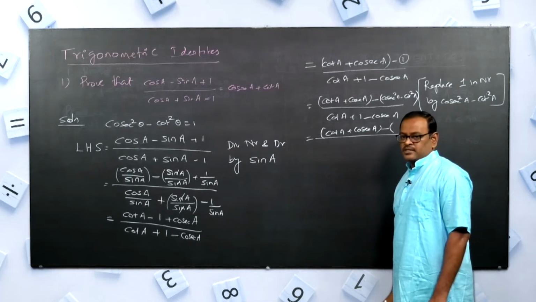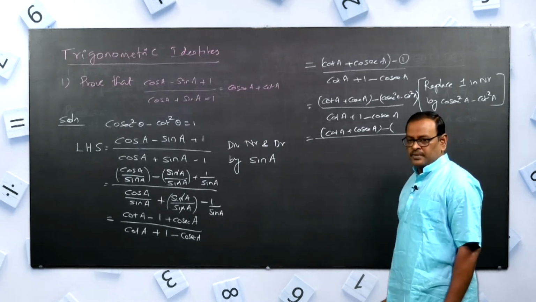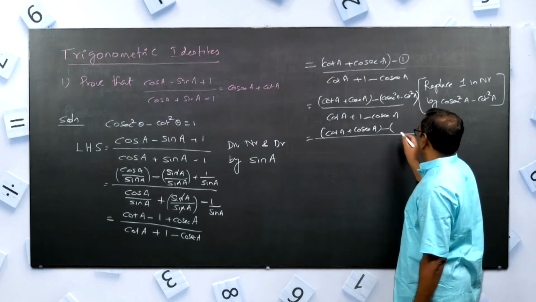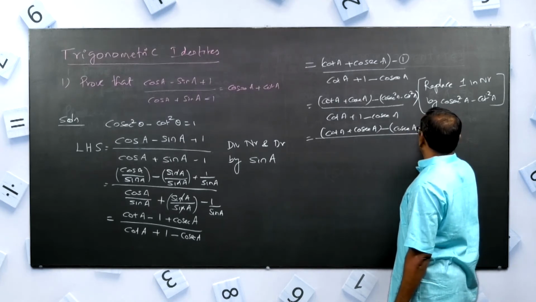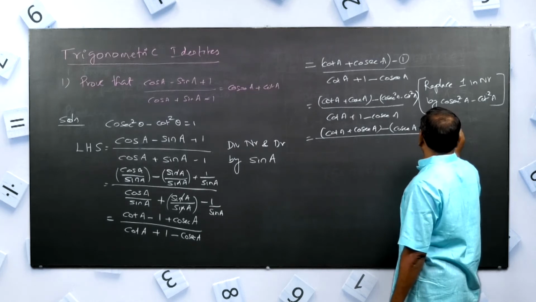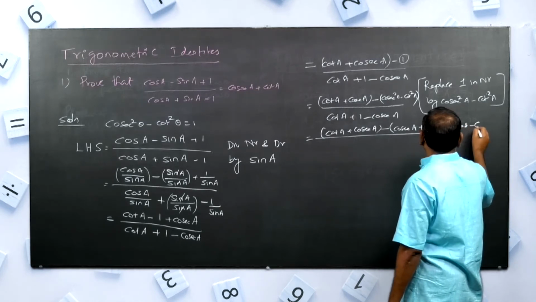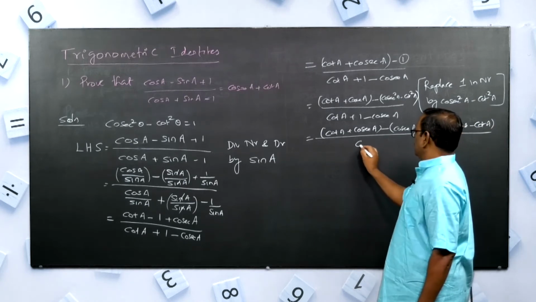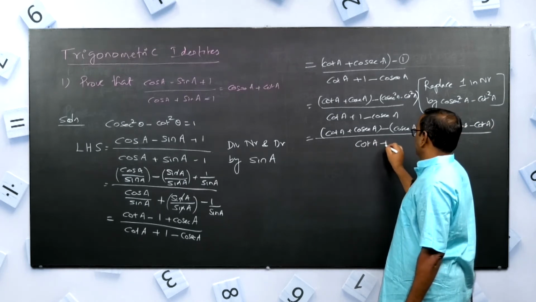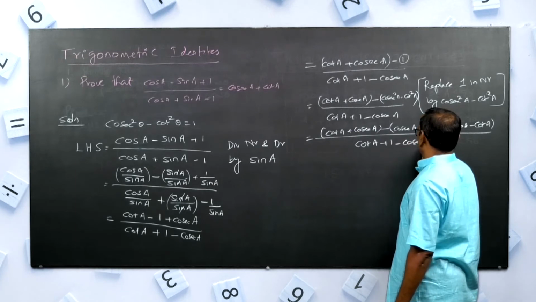This is similar to a square minus b square. What is the formula for a square minus b square? Yes, (a plus b)(a minus b). So (cosecant A plus cot A)(cosecant A minus cot A), the whole divided by, no change in the denominator, cot A plus 1 minus cosecant A.